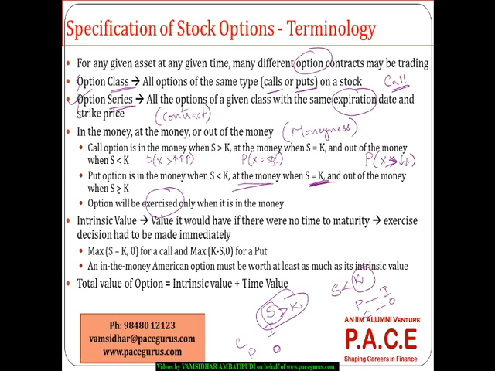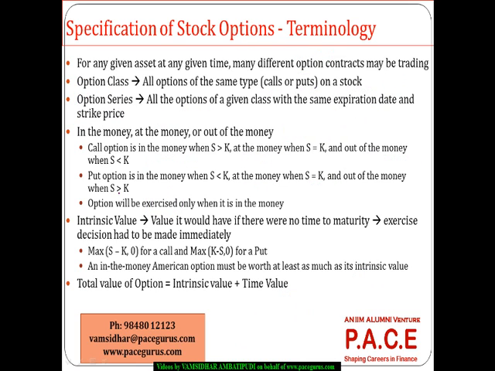And just as terminology, every option has an intrinsic value. Whenever we use the word intrinsic value, if the option is going to expire immediately, with no time to maturity at all, what is the value of the option?